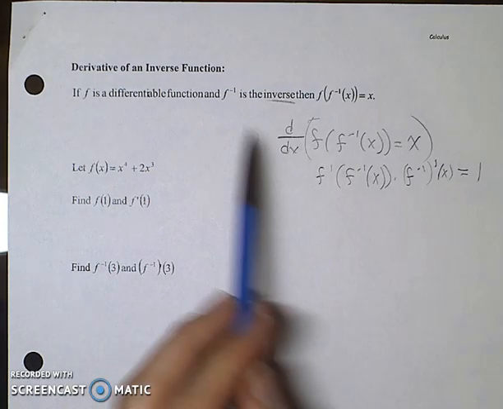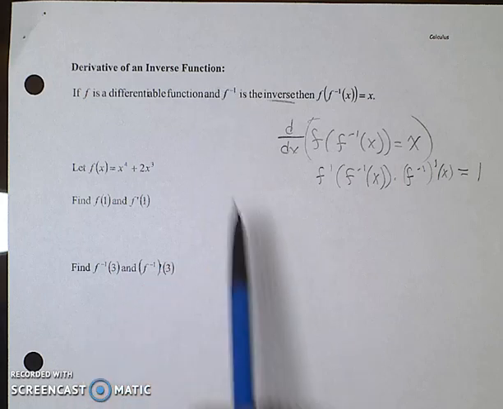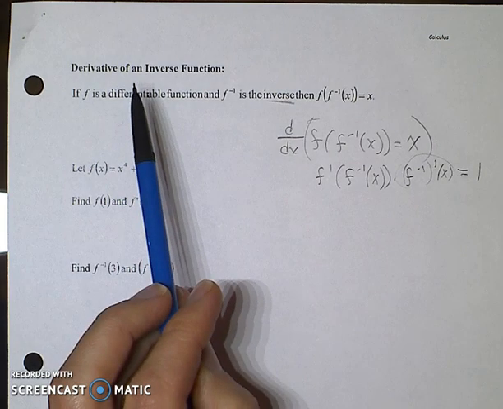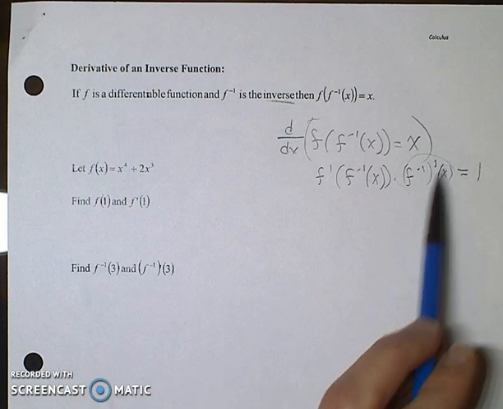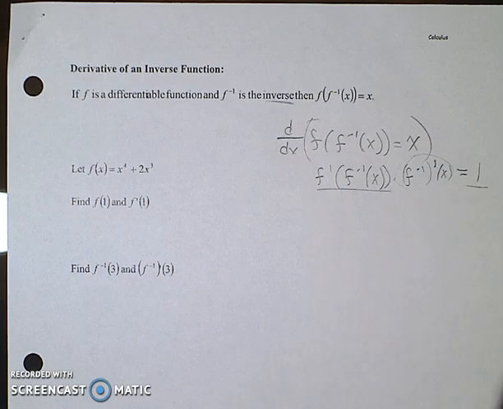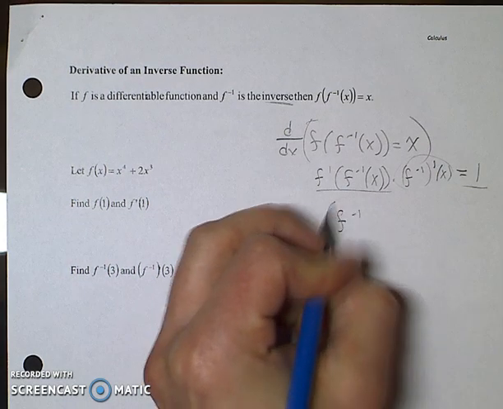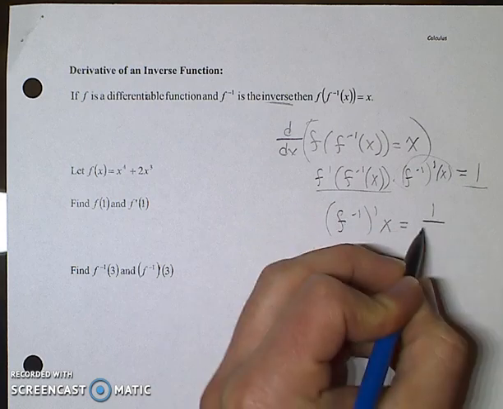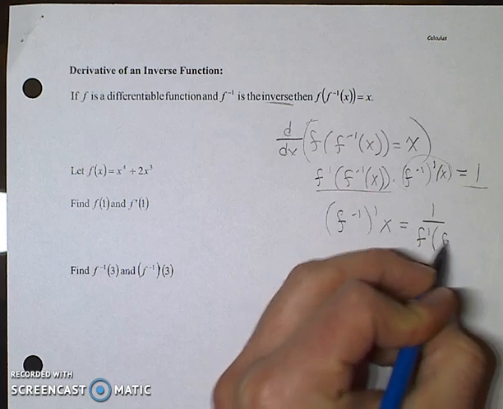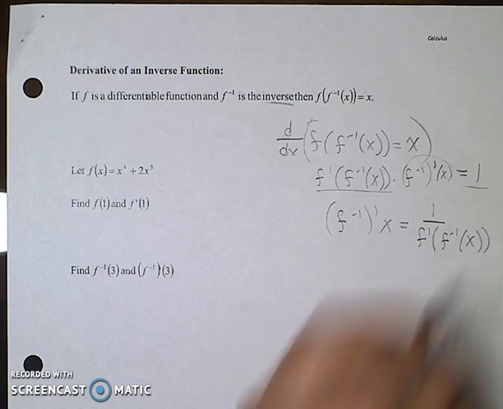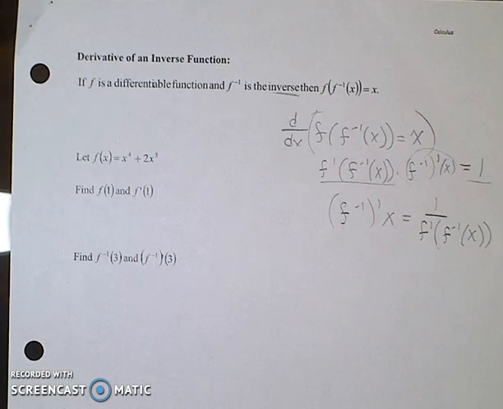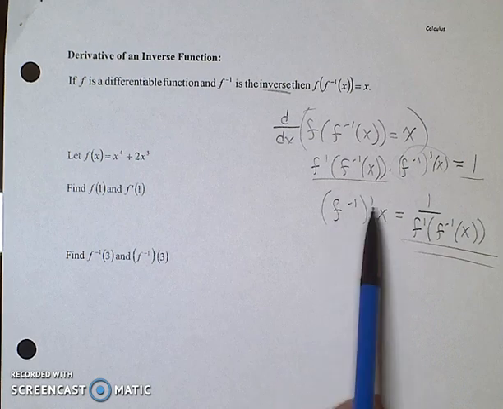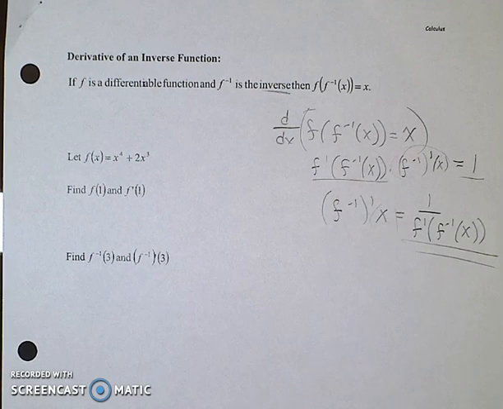If I'm trying to solve for the derivative of the inverse, which is what the title is here, I'm going to divide this part over to that side: 1 over f prime of f inverse of x. This is something that will be good to memorize. That is the derivative of the inverse of x.